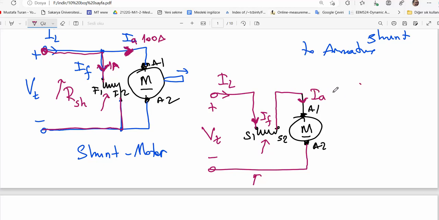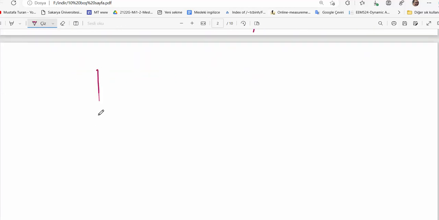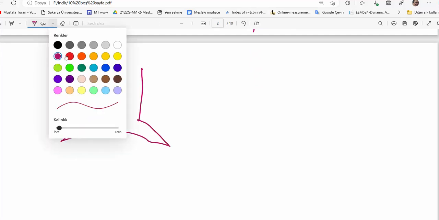And then this device can carry, let's say, 100 amps of armature current, the energy converting device. But this field current must be equal to this one, so this coil is very large in thickness. Let me say there's a pole. There is an electromagnet on the pole.